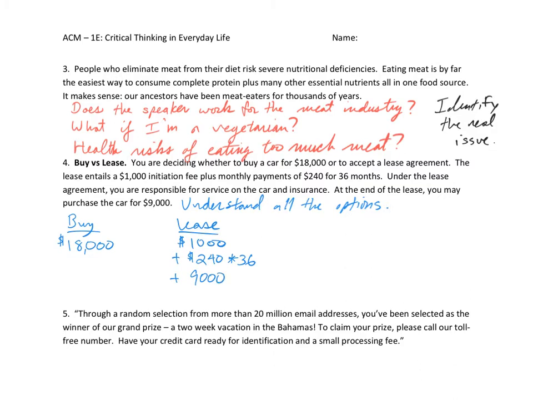If your goal is to just own the car, you'd have to pay another $9,000 at the end. So if you multiply all these things and add them all up, it's $18,640. Well, if your intention is to own a car, you probably just want to buy it outright.